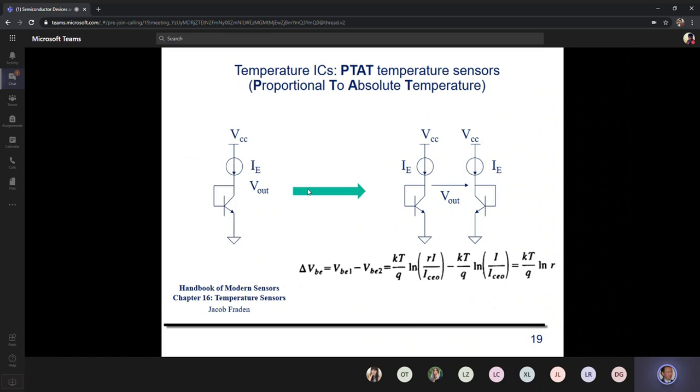So a PTAT temperature sensor is able to provide a voltage that is proportional to the absolute temperature that is being measured. Now I shall change the figure.